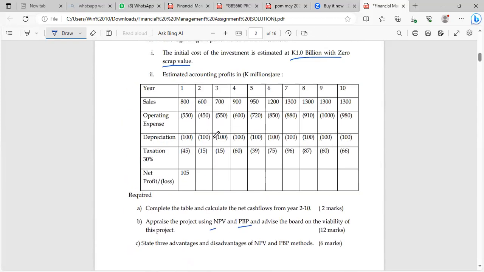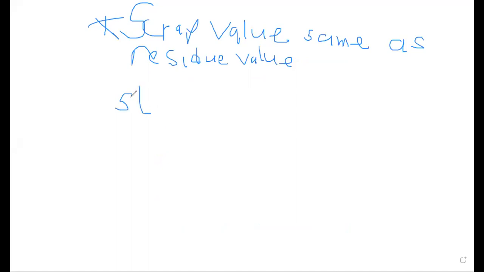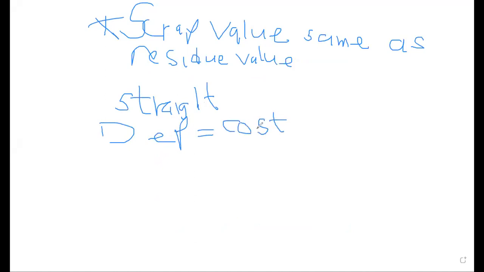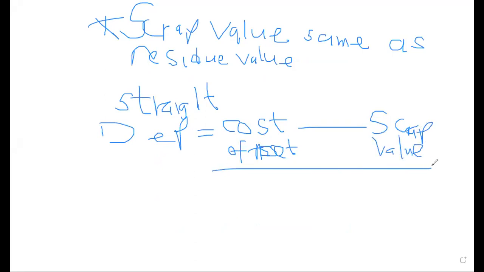So we can see that the depreciation was 100 million because the straight line depreciation says that: the information of the cost of asset, then minus the scrap value, over number of periods.